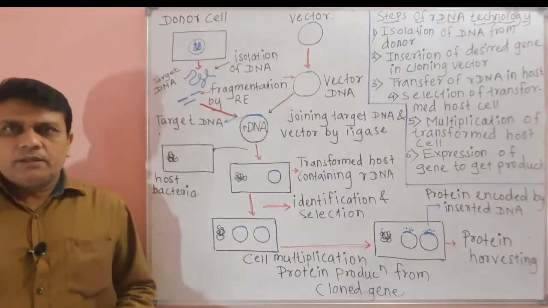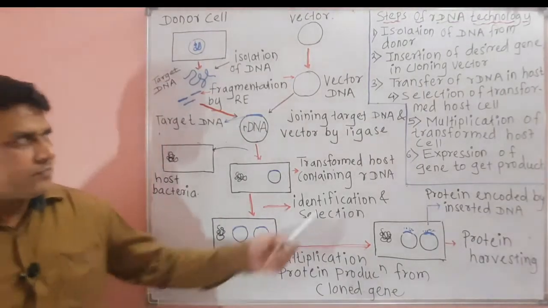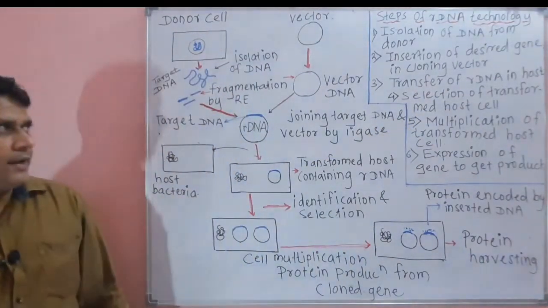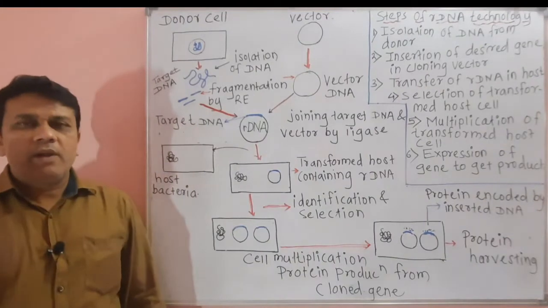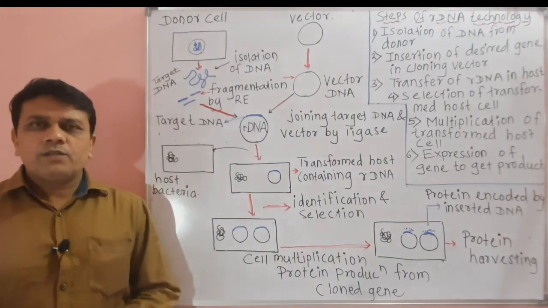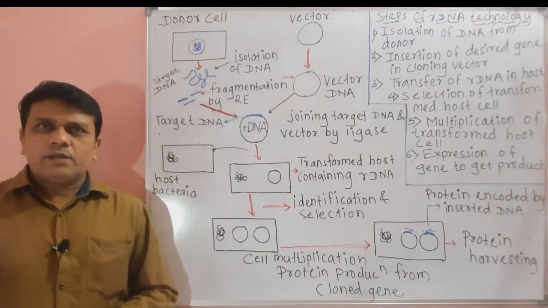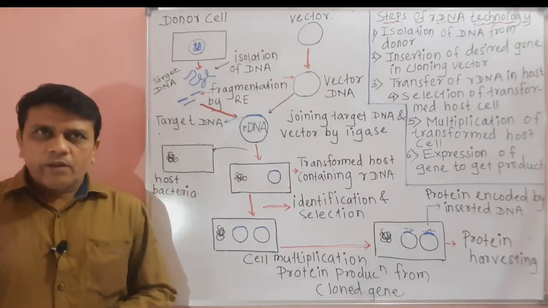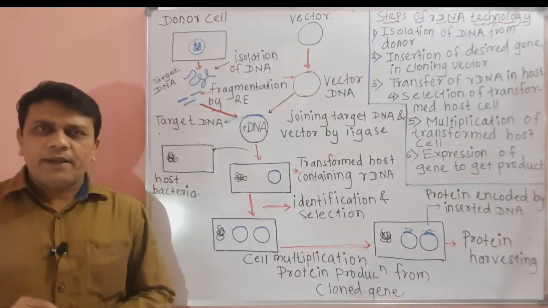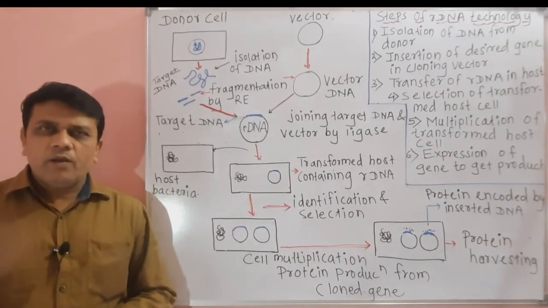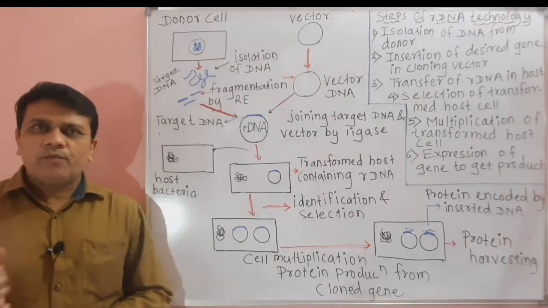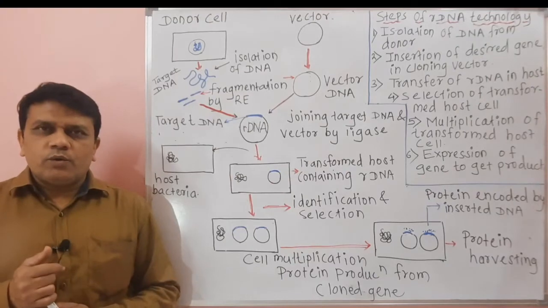Then the next step is the transfer of recombinant DNA into a suitable host. The suitable host may be Escherichia coli. The most commonly used host to insert the recombinant DNA is Escherichia coli, or sometimes the bacterium Agrobacterium tumefaciens is also used.